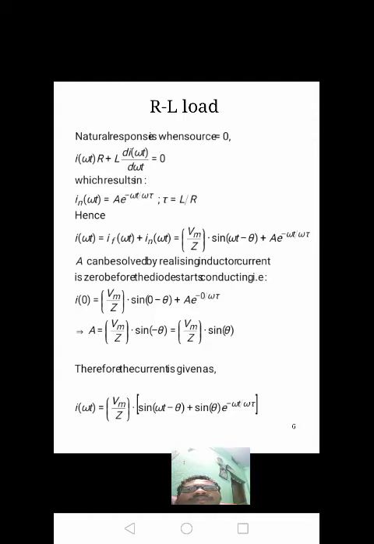Here, substituting Vs of omega t as 0, which results in in of omega t, the natural response, in of omega t is equal to A into e power minus omega t by omega tau. Tau is equal to L by R, the time constant. Hence, i of omega t is equal to if of omega t plus in of omega t, the forced response and natural response.